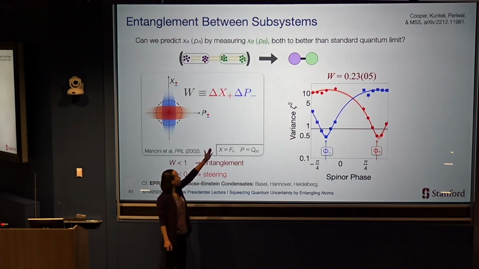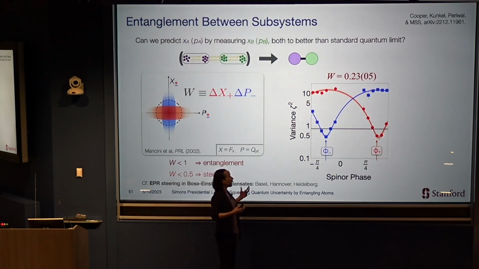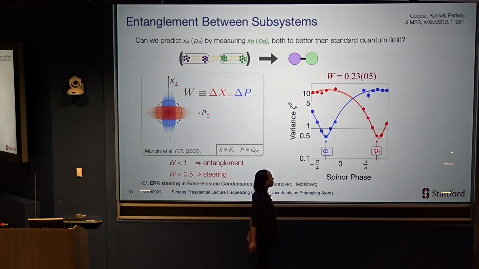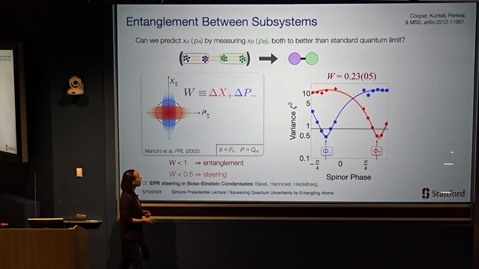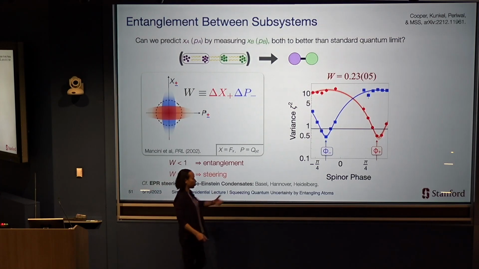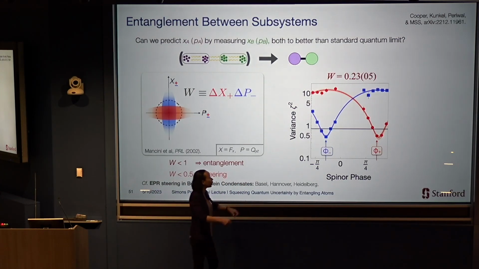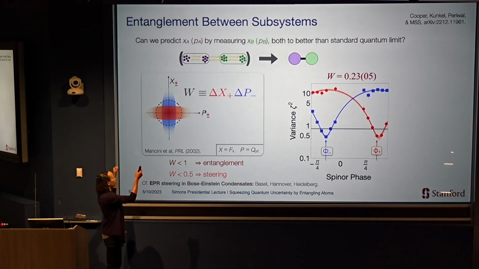Or if I look at the difference between the two systems, those fluctuations are squeezed in momentum. We can make the analogous state in our spin degrees of freedom and directly look at the product of uncertainties in the sum of the x's and the differences of p's. If that product is small enough, we can prove entanglement. And that's something that we can do. In this example, we have 4 clouds of atoms, and we can prove that the left 2 and the right 2 are entangled with each other.